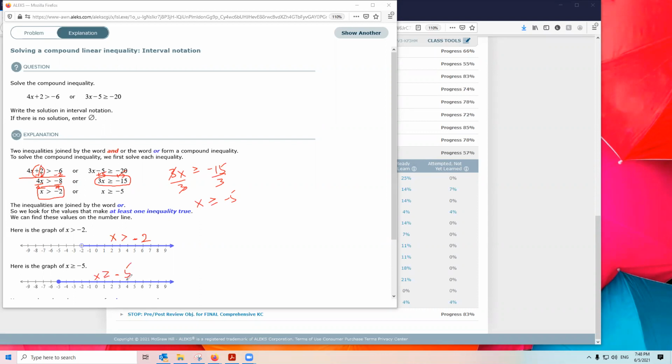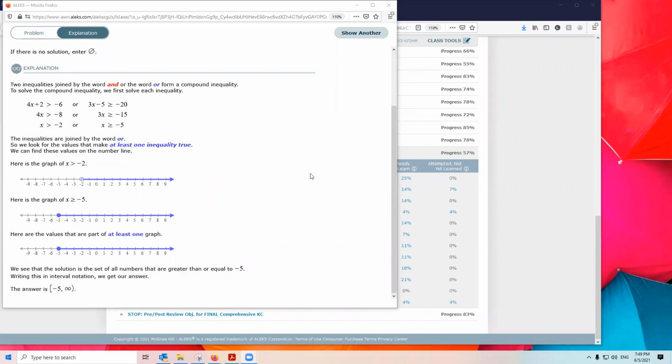All right, now I want to merge these together. Merge means, think of putting them both on the same number line, and you're going to basically join these two graphs together. Well, if I do that, the result is going to look like this. Because really, this graph here contains the top graph.